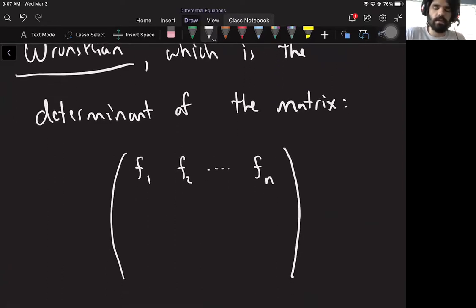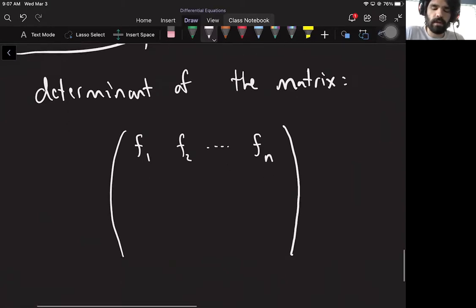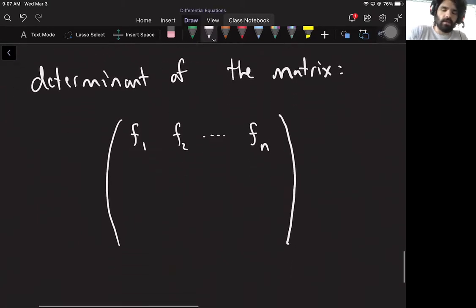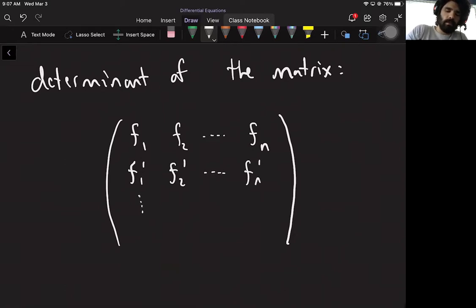Actually, no, sorry, the determinant of this matrix is going to be called the Wronskian. In any case, then we take derivatives. So f1 prime goes on the next line, f2 prime, fn prime, all the way down to the n minus 1th derivative for each function.